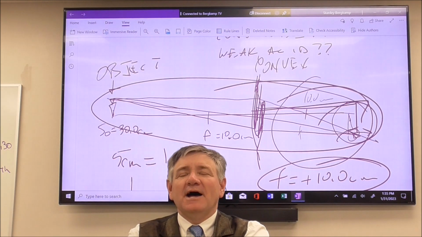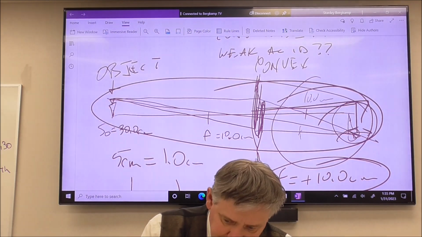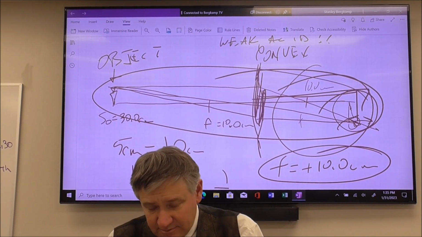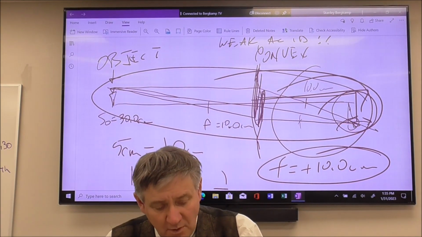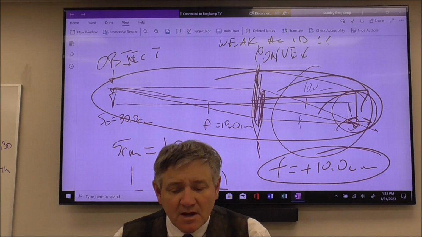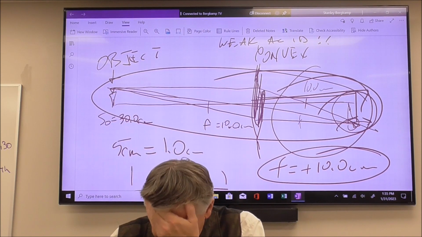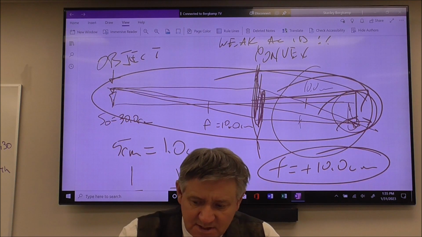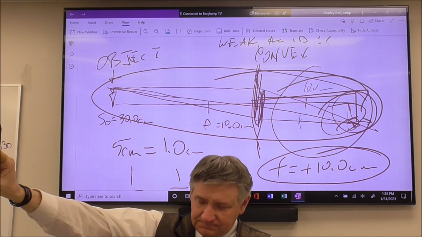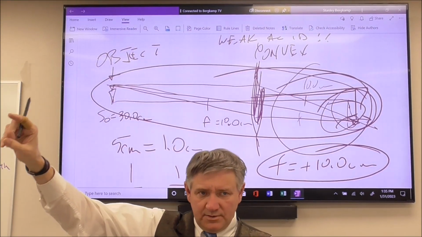Okay. Now, let's talk about the sign of your image distance. Your object distance will always be positive. Your focal length can be positive or negative depending upon whether it converges or diverges. In terms of your image distance, and this will make sense, if your image is in the same direction the light is traveling, you're going to have a positive value for your si.